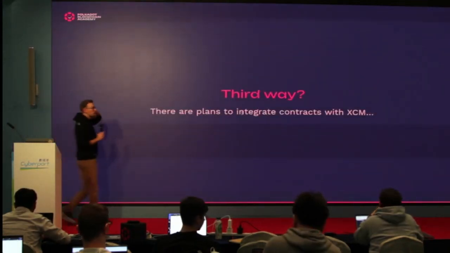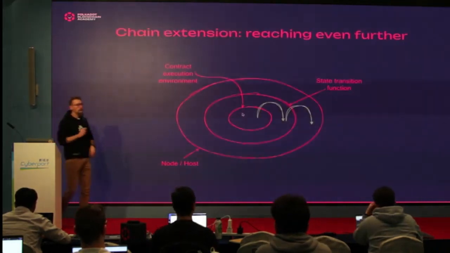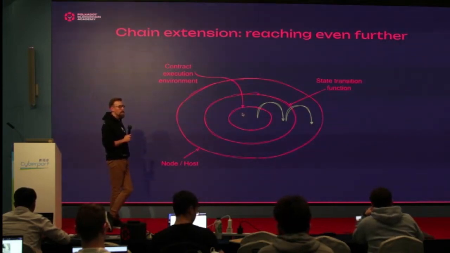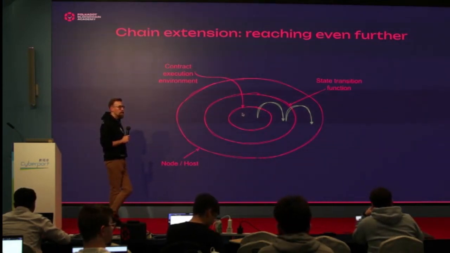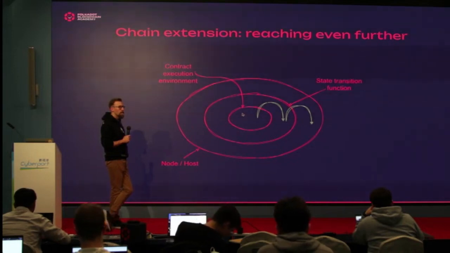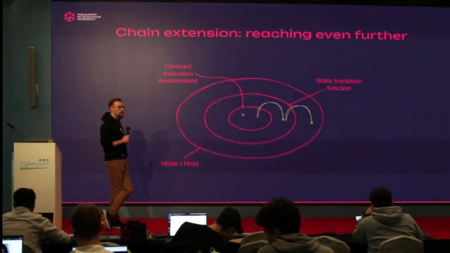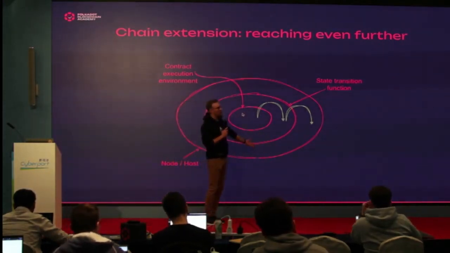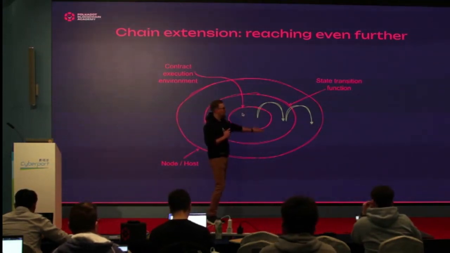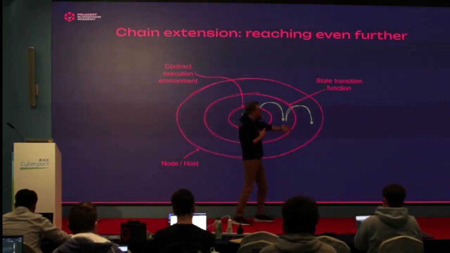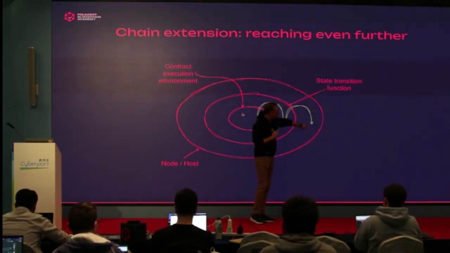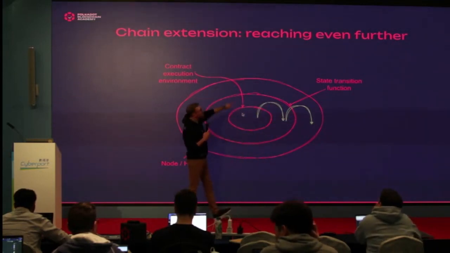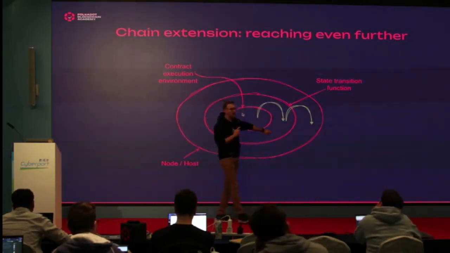Yes, please. Go back to the previous slide real quick. So the actual layers represent what is closest to bare metal, basically. So the node host would be closer to metal than, let's say, the state transition function? Yes, exactly. The node is a binary that is run directly on the host machine. So things that are executed there are much more efficient than things that are performed here, especially since in Substrate, the state transition function is done in single-threaded WebAssembly.